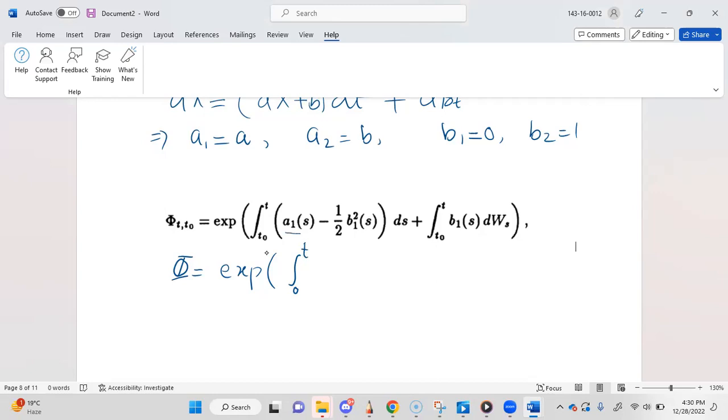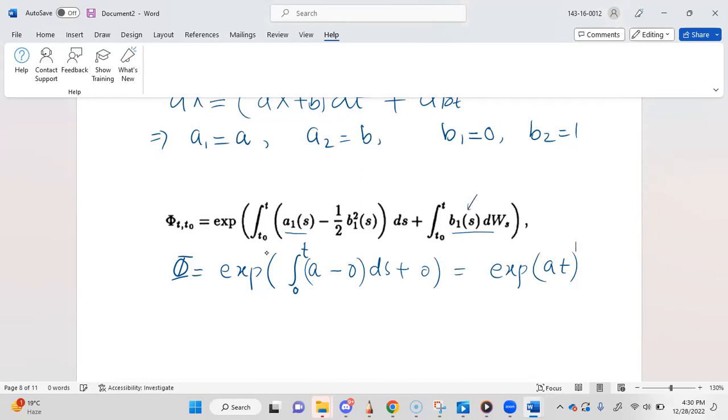So what is a1? This is a minus 1 over 2 b1 squared ds. Because b1 is 0, this is 0. If b1 was 5, for example, then this half b1 squared s would matter.